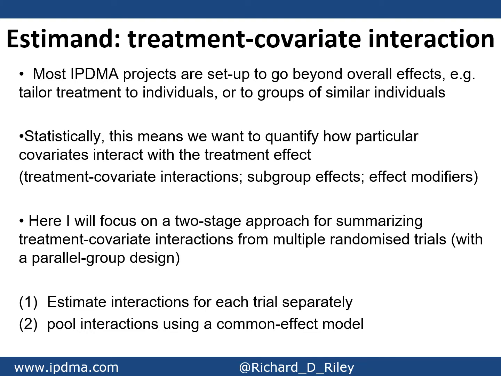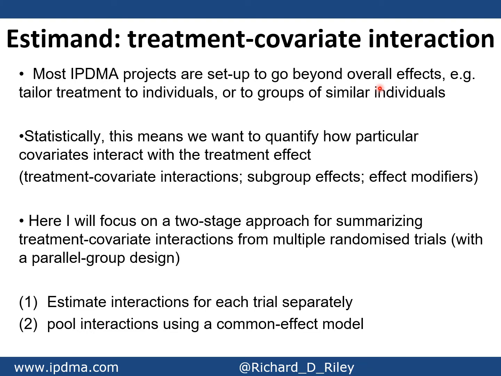And many IPD meta-analysis projects indeed are trying to go beyond the overall effect, because we can often address that in a standard meta-analysis without IPD, but with IPD, because we've got the patient level information, we can see individual level relationships better. And so we might be able to say, okay, does the treatment effect seem to be better for people of particular ages compared to others?